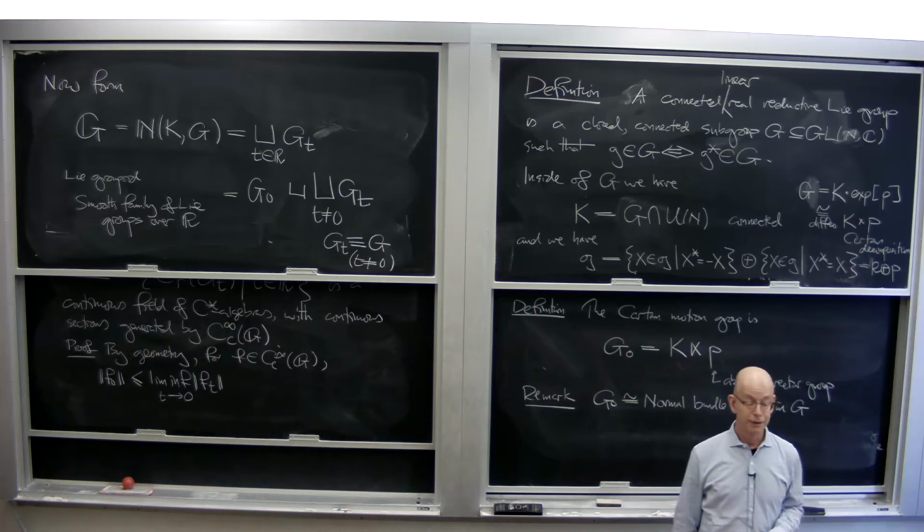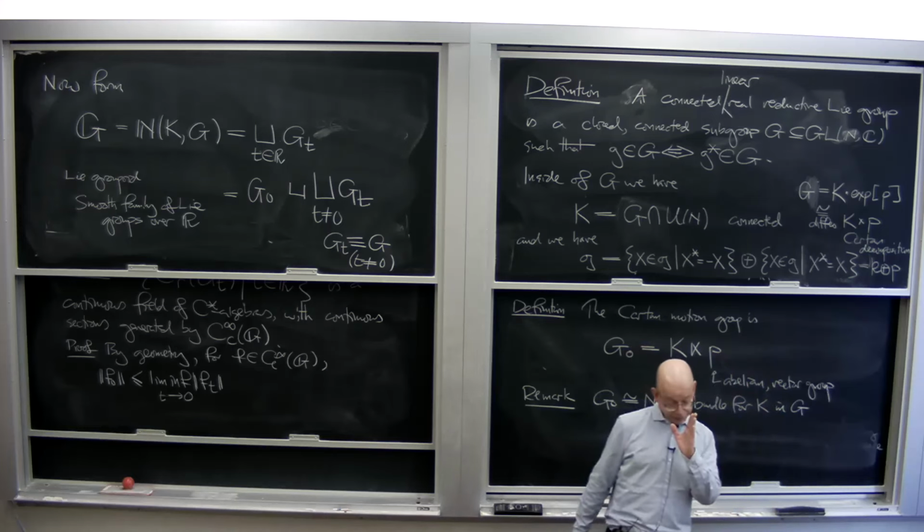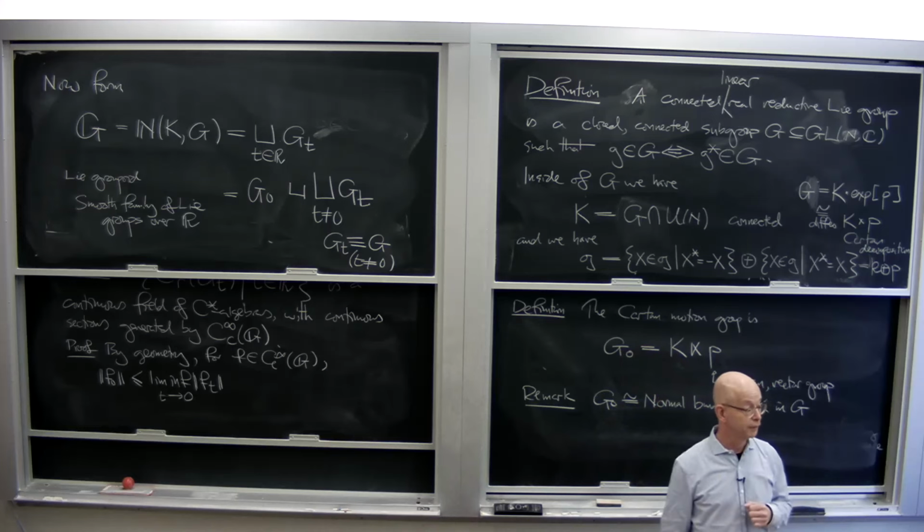And you might as well assume, by an epsilon over 2 argument, that the function is itself a smooth compactly supported function on G0. Well, if that's a smooth compactly supported function on G0, you can always extend it to a smooth and compactly supported function on big G. And now you can ask yourself, how big is F_t applied to the function that you've just built, restricted to t?